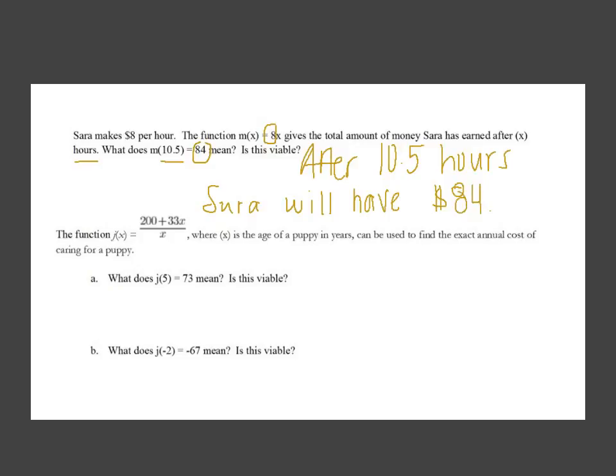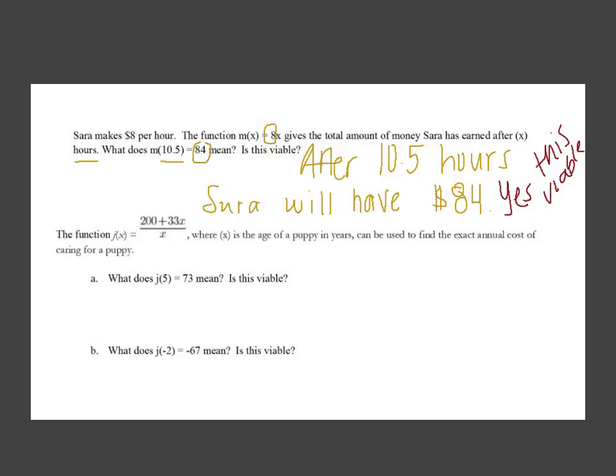Last part is to figure out, is this viable? Is it possible for someone to have $84? Yes. So yes, this is viable. Make sure that you're taking notes on this again so you can use this on your practice.